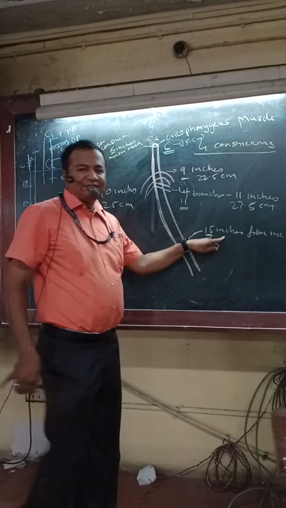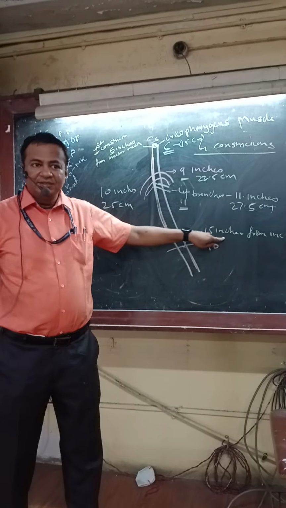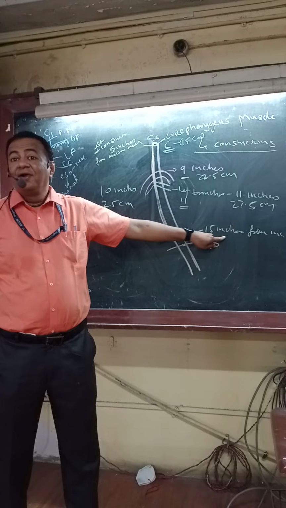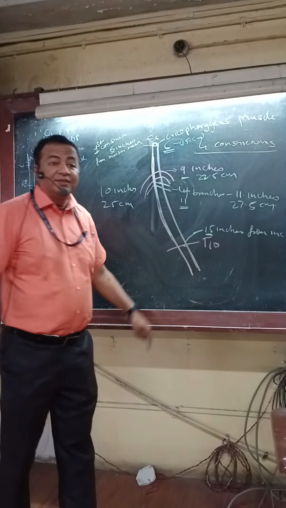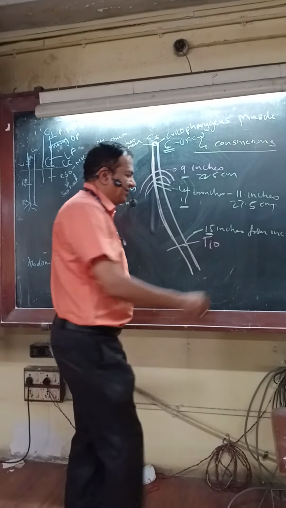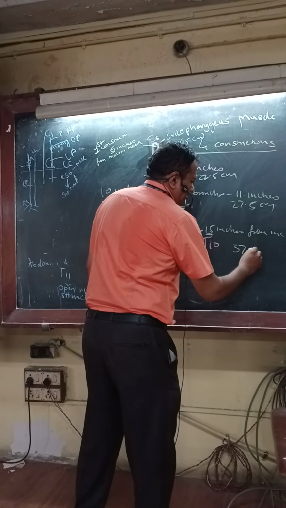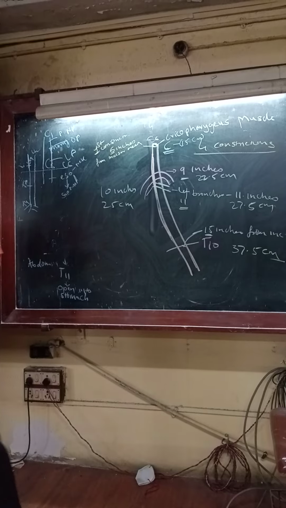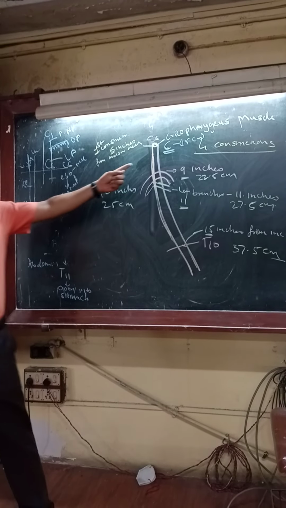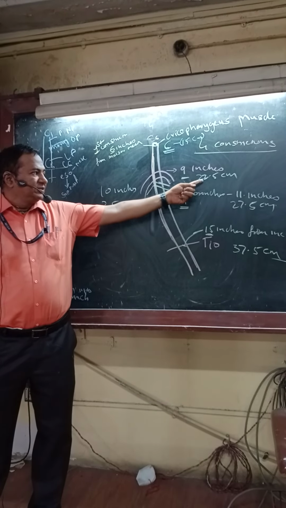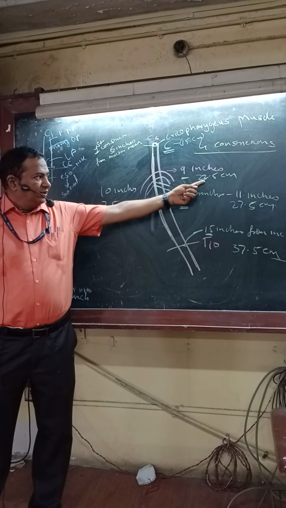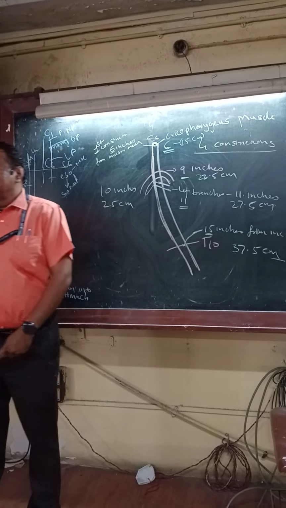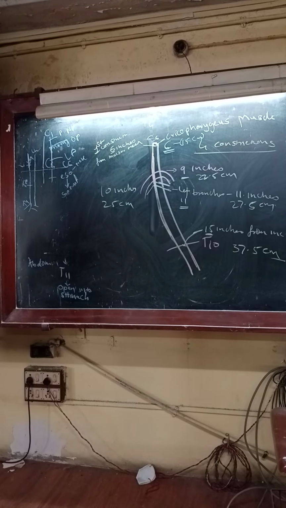And 15 inches is 37.5 centimeters. This also you have to remember: 15 centimeters, 22.5, 27.5 and 37.5 centimeters.